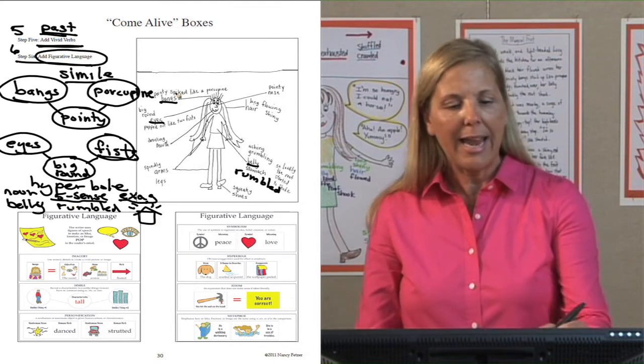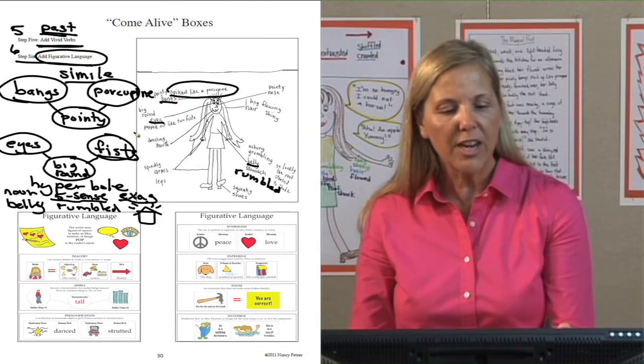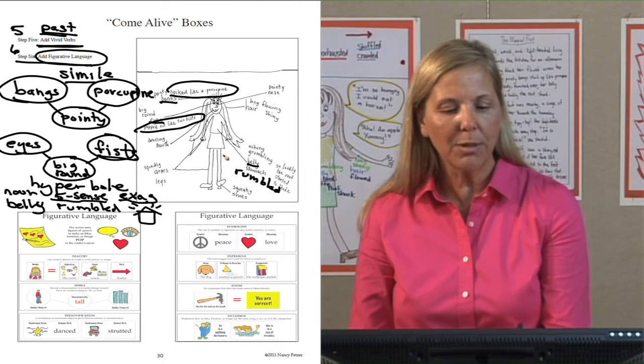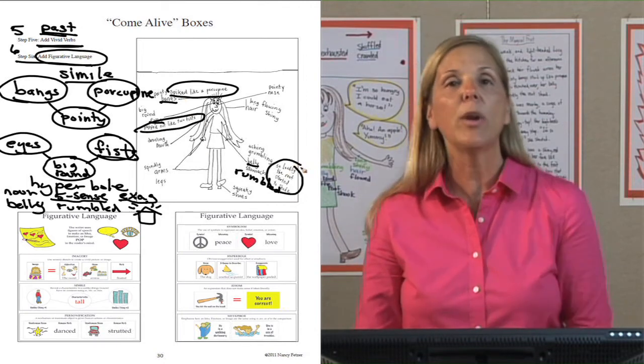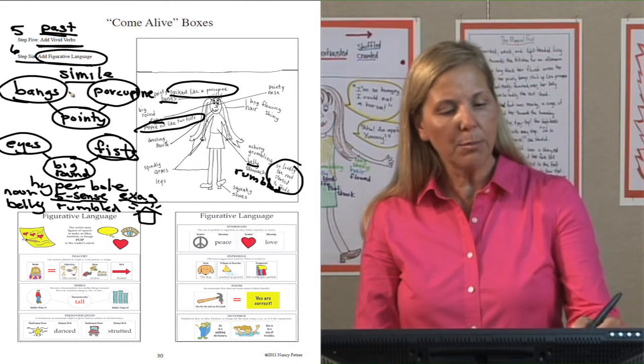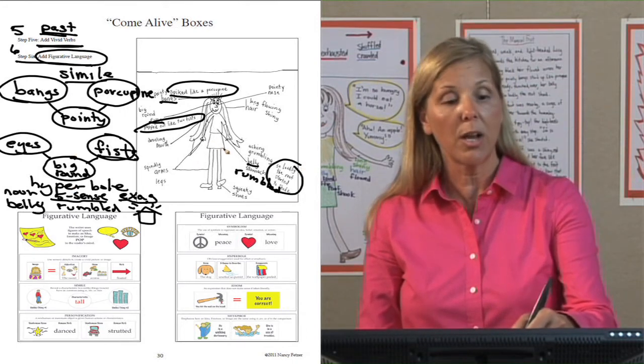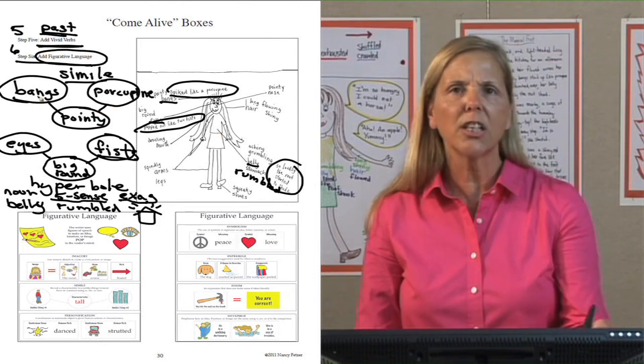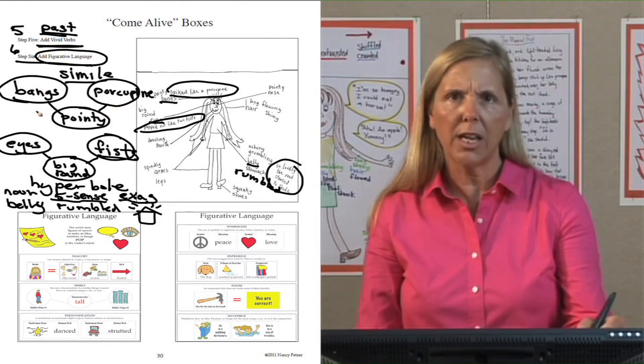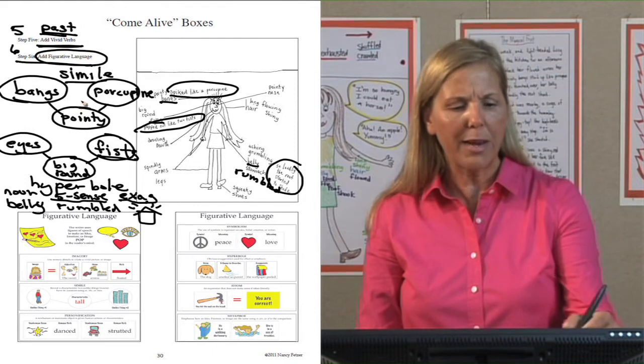We went back and we added our figurative language. Here we had our simile, here we had another simile, and at the bottom with the stomach, we had hyperbole. We used a simile and we used hyperbole as our figurative language to add to our Come Alive box. And I actually used these little formula type techniques in order to make a simile.